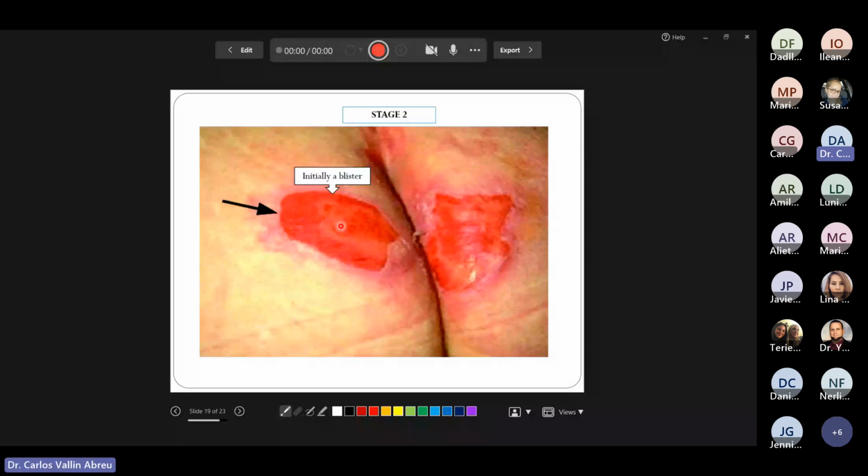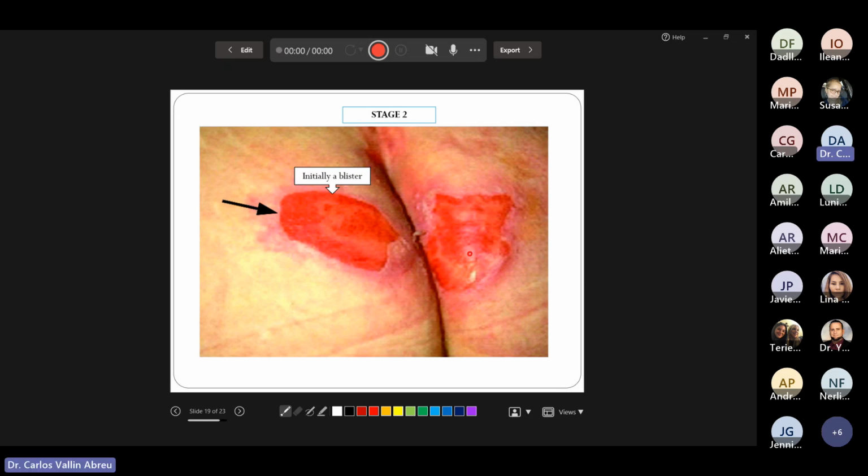Dry don't heal. They need to be kept moist. That's why a pressure ulcer is never left uncovered, never left exposed to the air. It needs to be covered all the time to keep the moisture of the tissues in place, because this skin tends to be very dry.